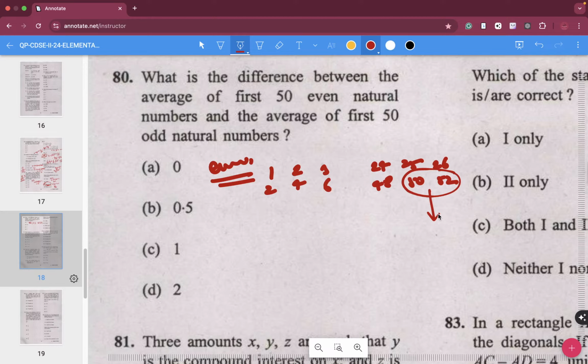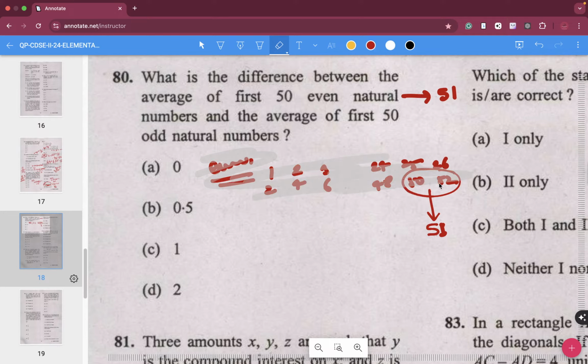The average over here is, sorry, 51, right? So for the first 50 even natural numbers, the average is equal to 51.